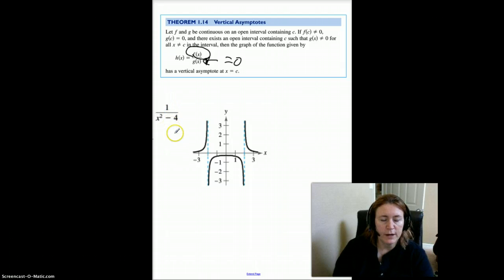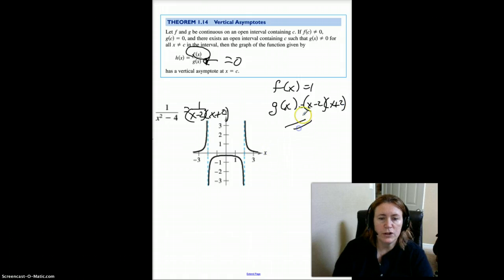Suppose I have the function 1 over x squared minus 4. I'm going to factor this. In this case, f of x is 1. It's a constant function, that's okay. And g of x is x minus 2 times x plus 2.